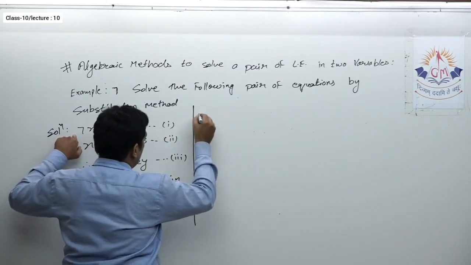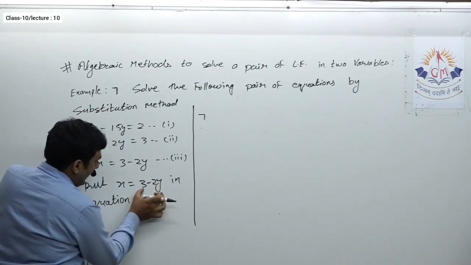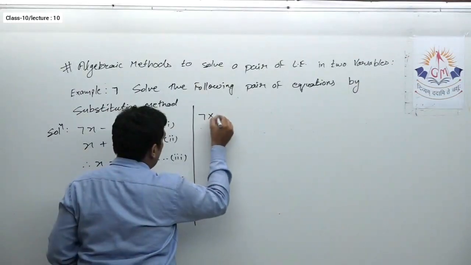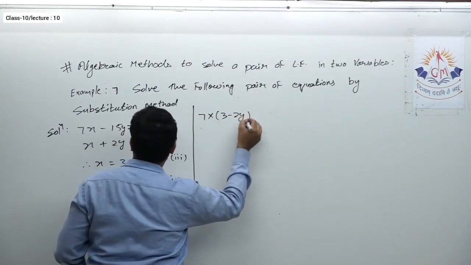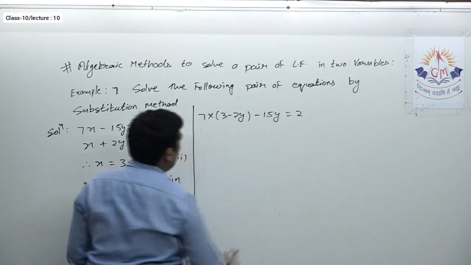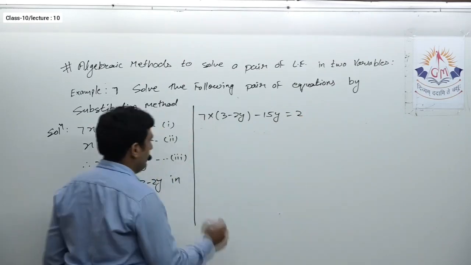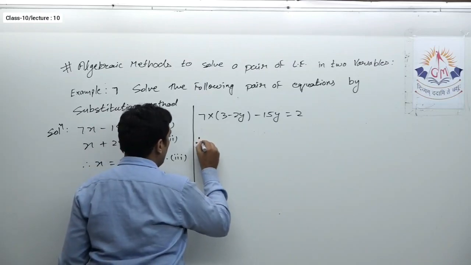Okay, so this is 7 at the place of x. See, this is 7 multiplied by x, and x equal to 3 minus 2y. So 7 times (3 minus 2y) minus 15y equal to 2. Now you can see this complete equation becomes a single variable, which is easy to solve further.